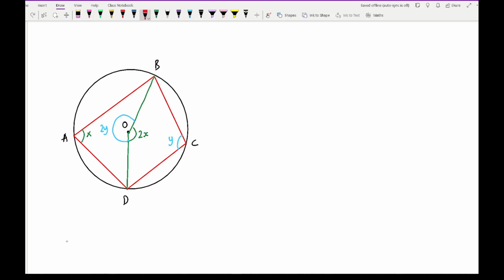Now, from this, if I then take this angle here at the center, I then know that 2y plus 2x, or actually let me write that the other way around, 2x plus 2y must add up to 360, because it's angles around a point. So therefore, if I divide both sides by 2, x plus y equals 180. And what sides are x plus y?